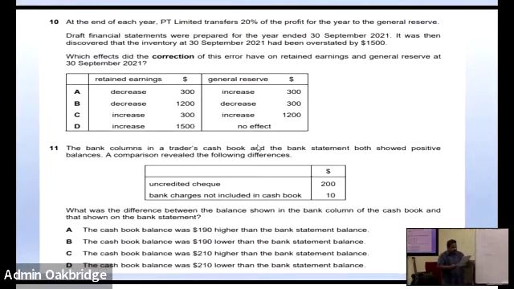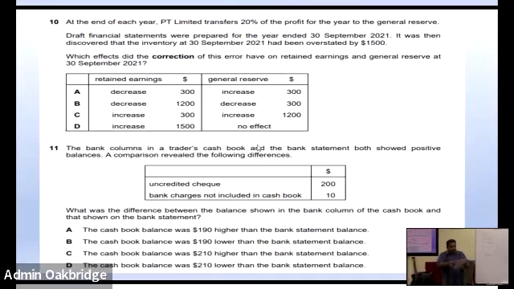Okay, generally it means that they're asking you the difference of the bank column and the bank statement. Bank column is where? Cash book. Bank statement is where? From the bank. That means you have not done any update of your cash book.